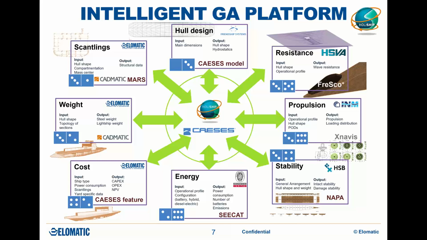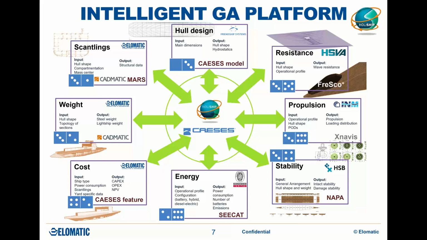That is very important. So in the middle of this slide of the platform is the parametric hull shape generated in CAESES based on main dimensions like the length and beam of the ship. This CAESES gives this hull shape to CADMATIC, where the general arrangement including structures are made.